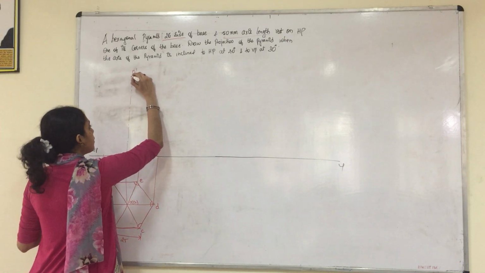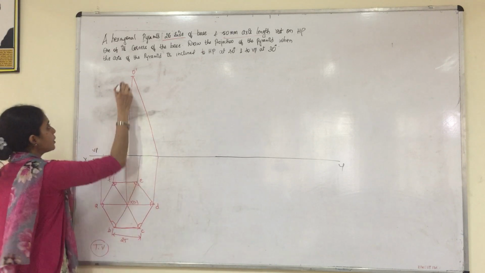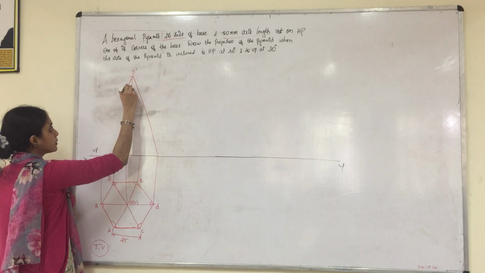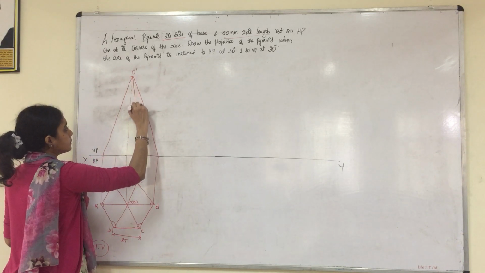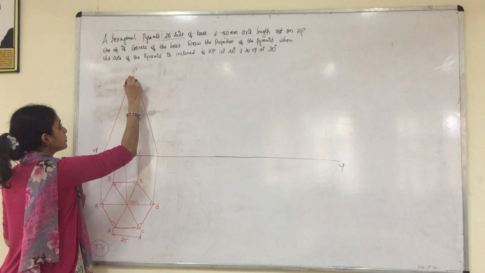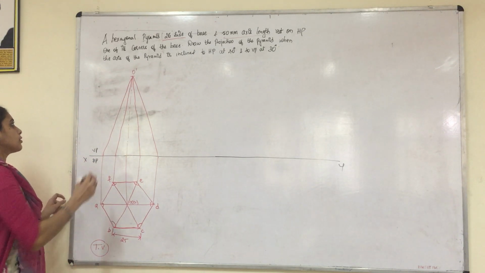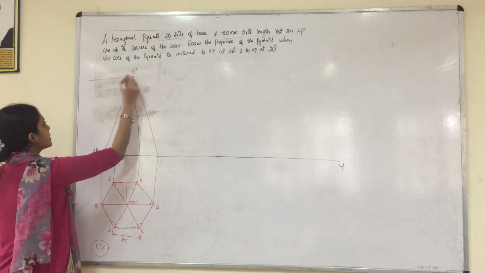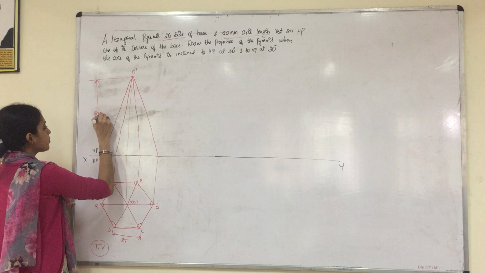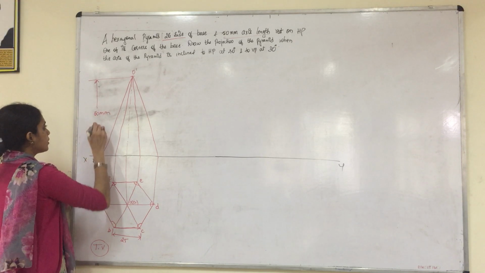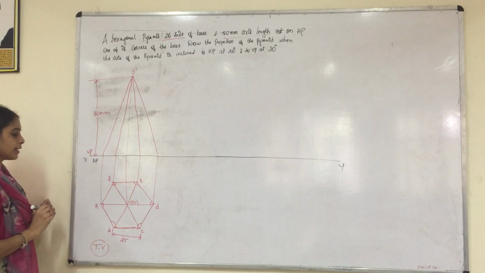So you can join from O dash to here. Okay. So then please show the dimension of the axis equal to 50 mm. Don't forget to show the dimension.